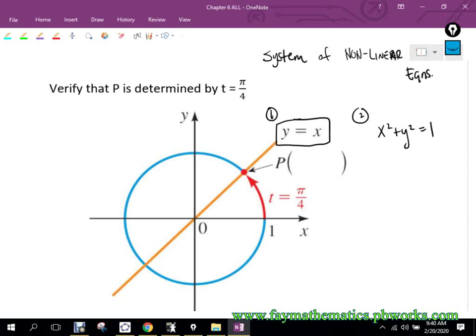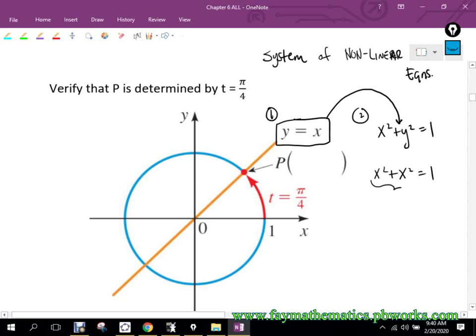You remember elimination? But a circle and a line don't have the same structure, so I can't use elimination. So I have to rely on substitution. If y equals x, I'm going to make that substitution right there. So I get x squared plus x squared is equal to 1.